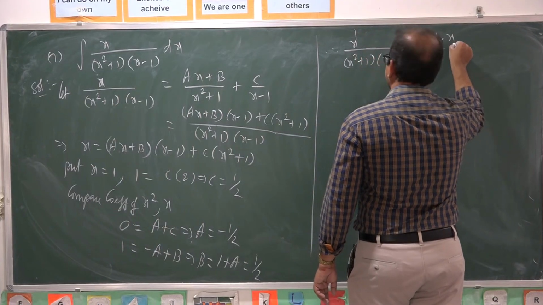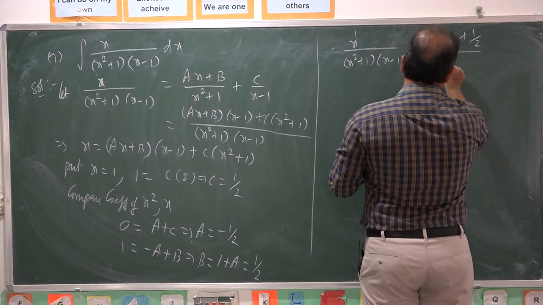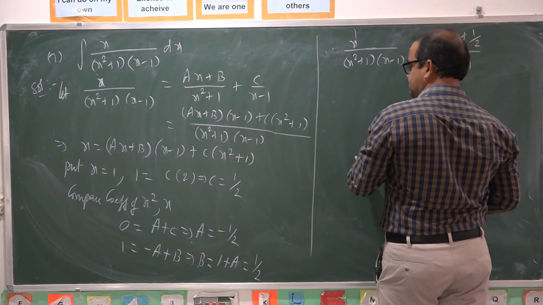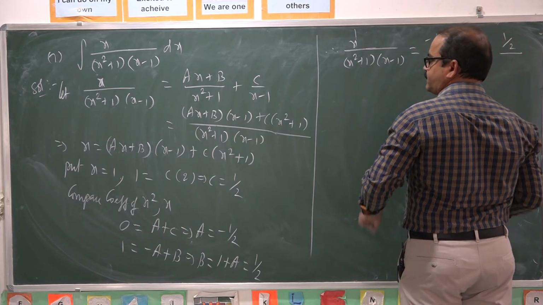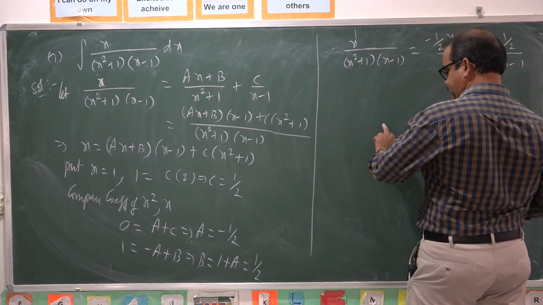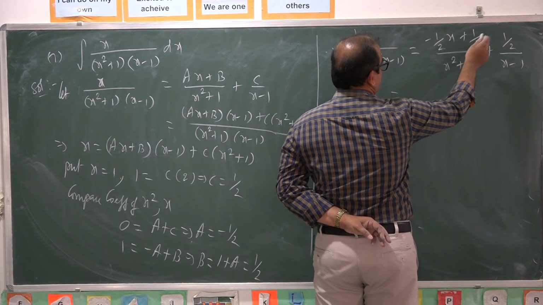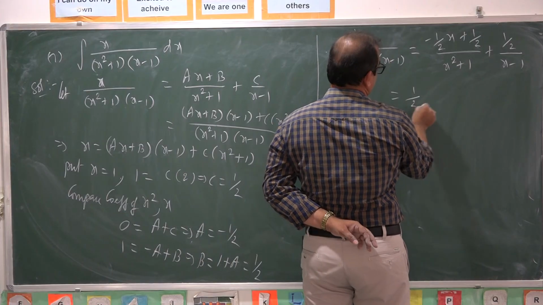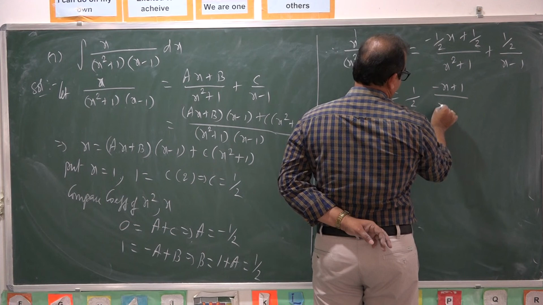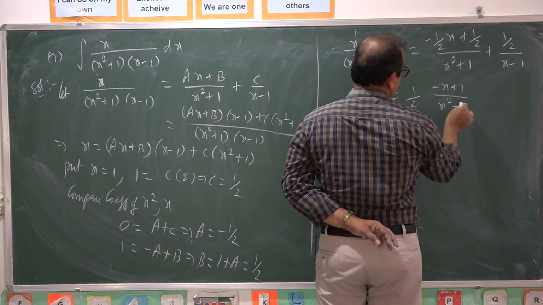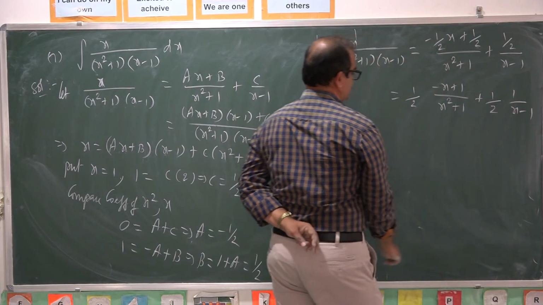Minus 1 by 2 x plus b. b is 1 by 2, by (x square plus 1), plus c. c is 1 by 2, by (x minus 1). Now taking the LCM of these two, 1 by 2, so it is 1 by 2 into (minus x plus 1) by (x square plus 1), plus 1 by 2 into 1 by (x minus 1).